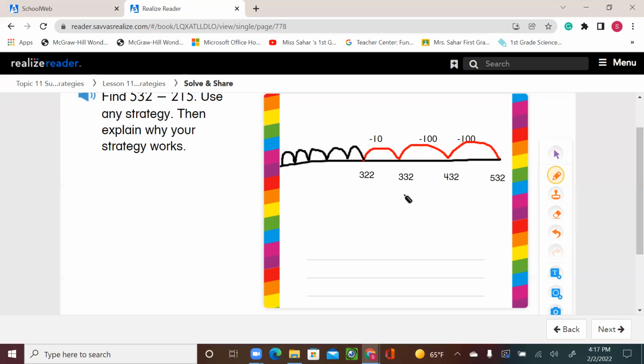So what do we have? 322 minus 1, 321. So let's write it. Actually, we have to start backwards so we can put it.